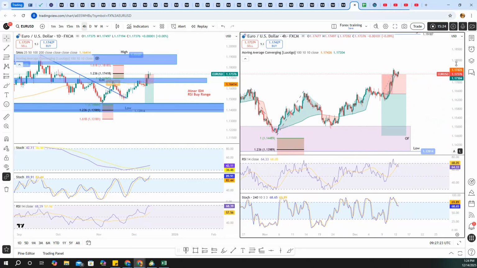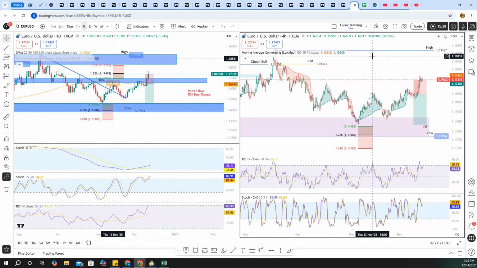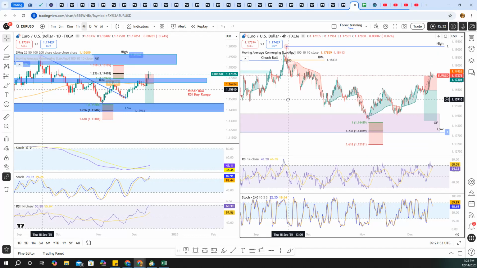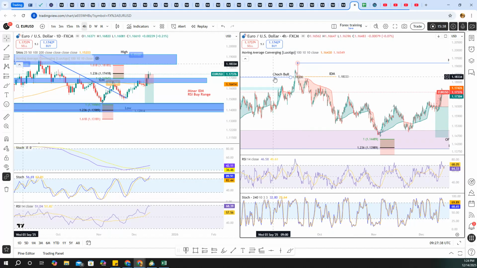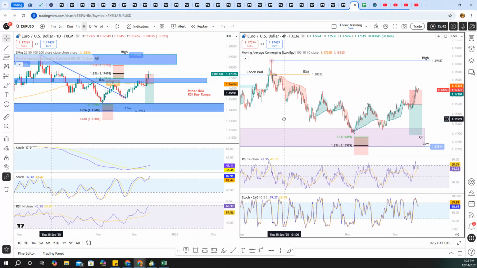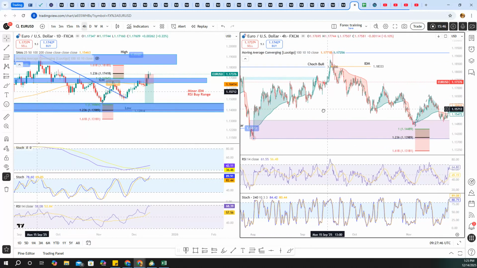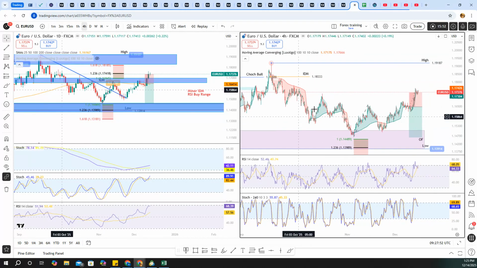For example, on the SMC, I'll show you this, the final thing. On the SMC, this is upward. I mean, this structure here, from this low to this high, this is a change of character on the bullish side. So this order flow here means that the price will come here, touch this, and go back again.